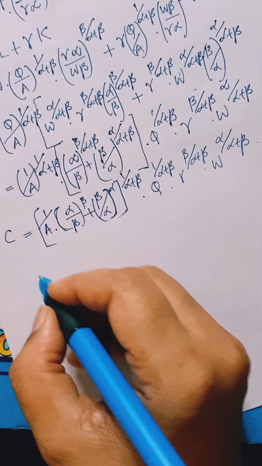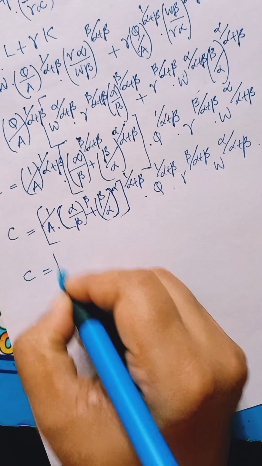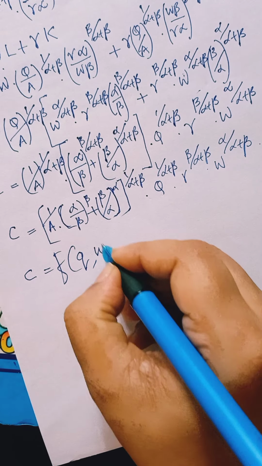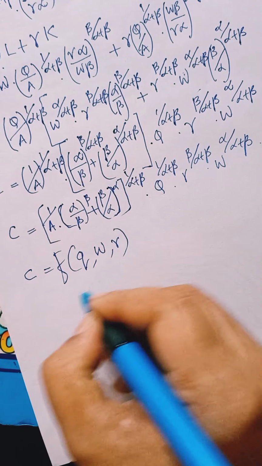That is, we can write cost as a function of output, wage rate and rate of interest.